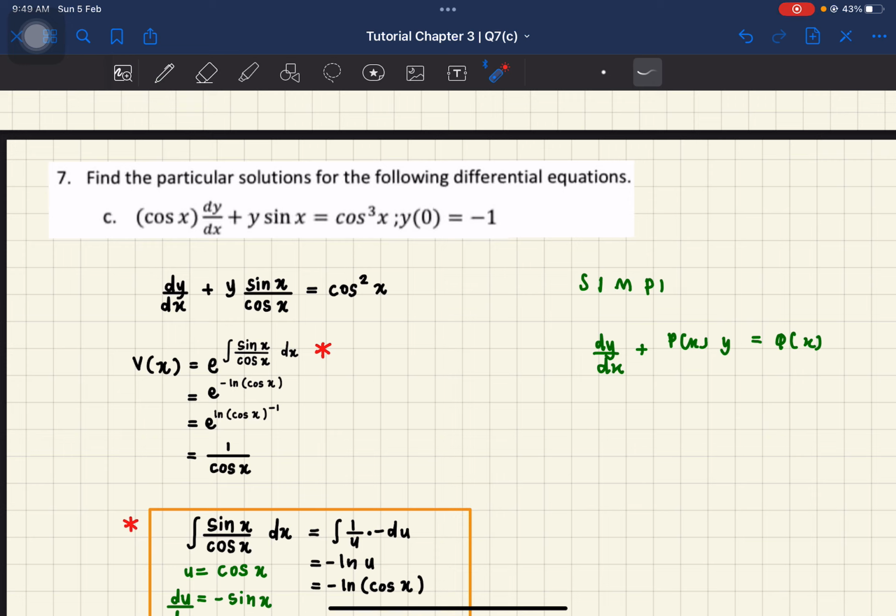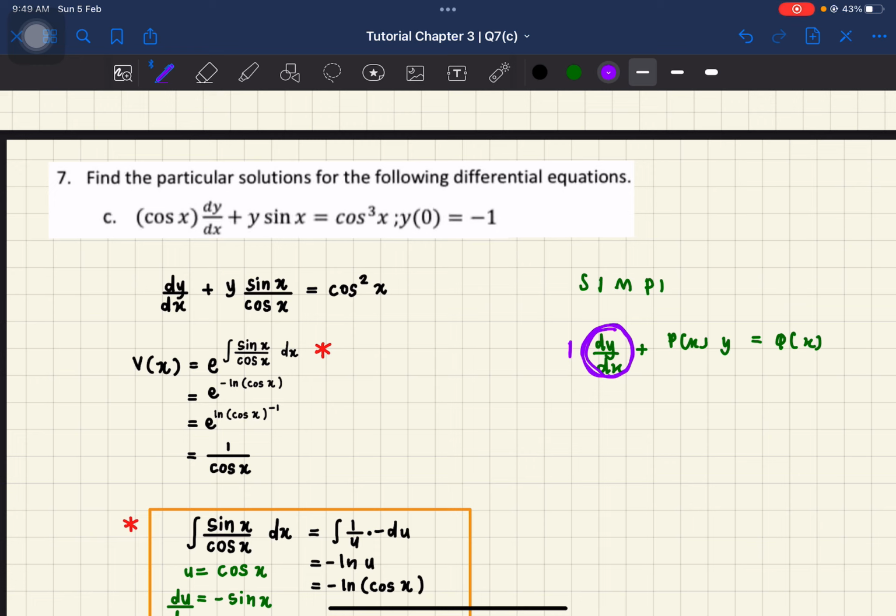Saya rasa saya boleh bagi tips ni dekat awak. Tak kisahlah dia separable variables or dia adalah integrating factor, we can first try to make dy dx ni kosong. Kalau awak tengok dekat sini, the pattern of dy dx ni, untuk dia jadi standard form, di depan dia mestilah 1. Maksudnya dia tak ada benda. Ini kalau integrating factor.